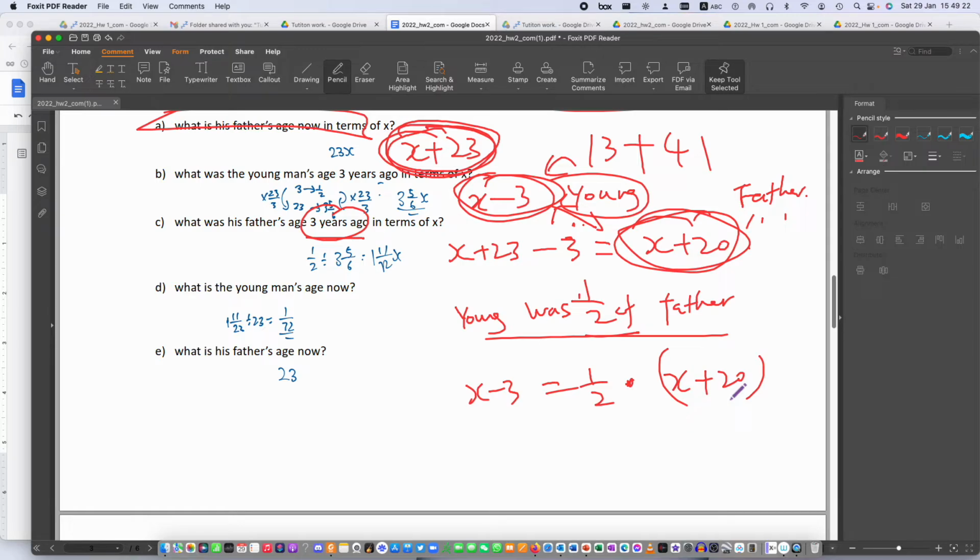So solve for x. So what's x? Is it a nice number or not?